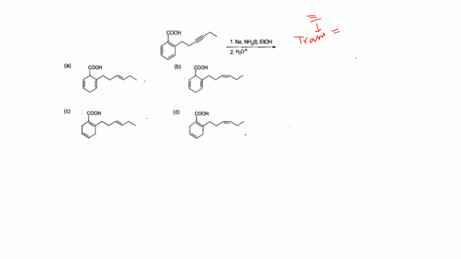So, always a trans double bond. I will just try to show it. Suppose this triple bond is given. Now we add sodium, giving one electron to one carbon, and this is open now.